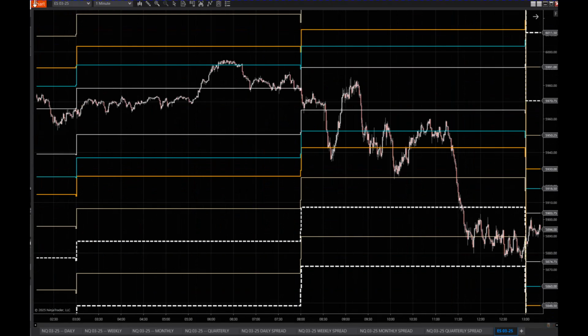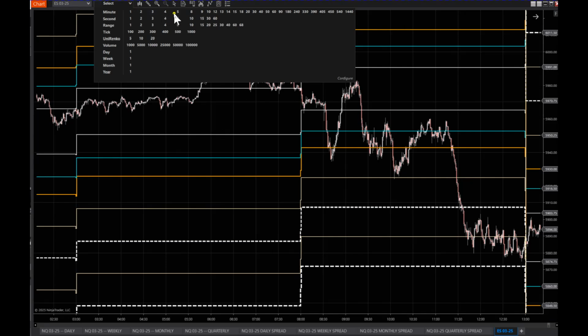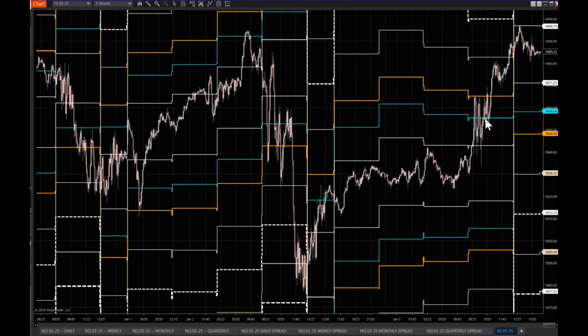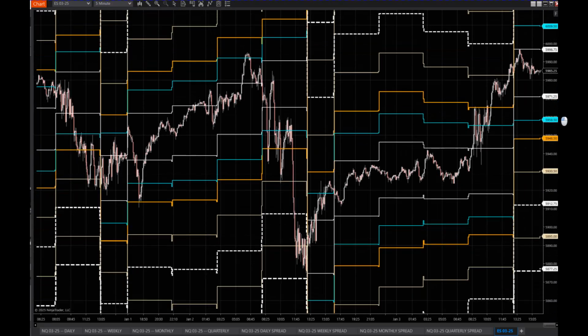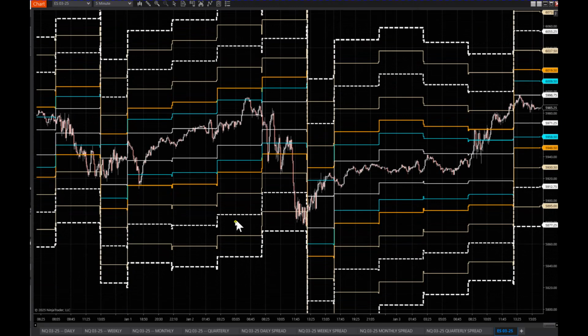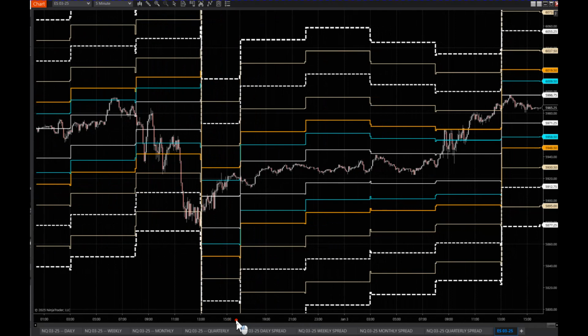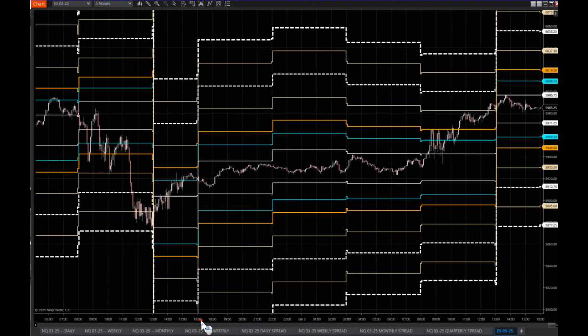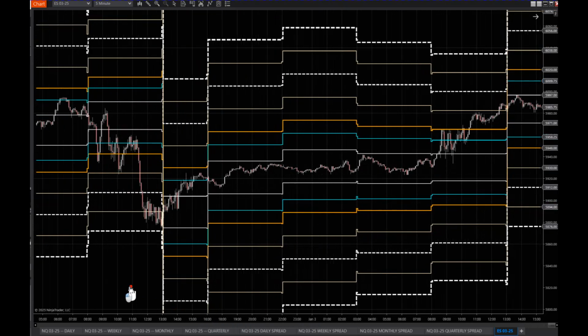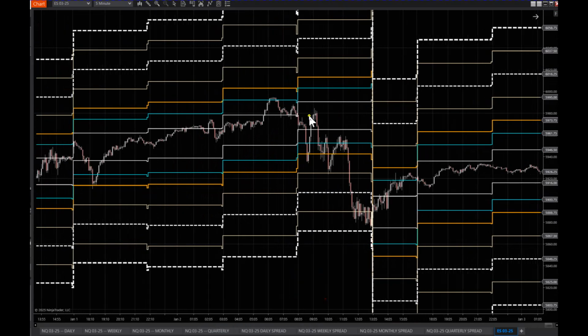Let me put this on 5 minutes so it's easier to see. So you can see here it went 3 times the range.